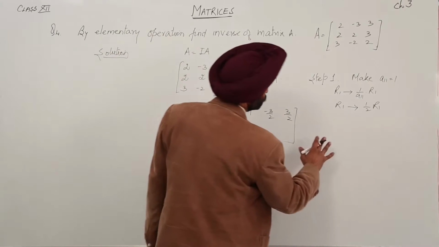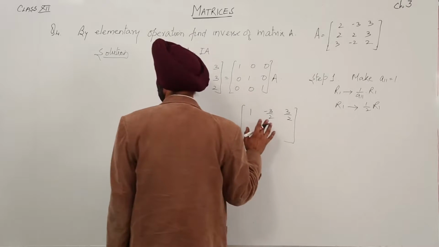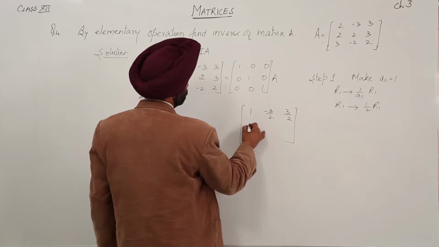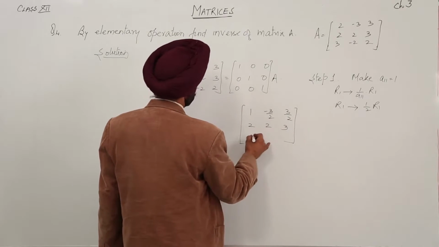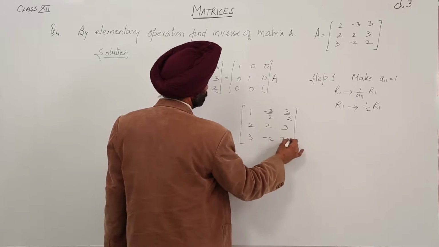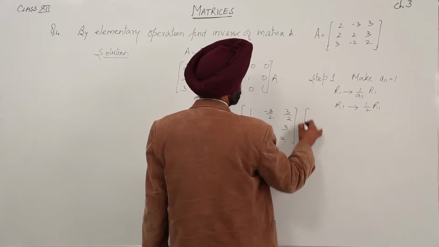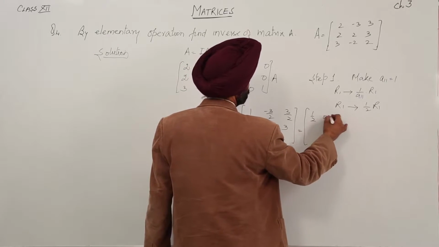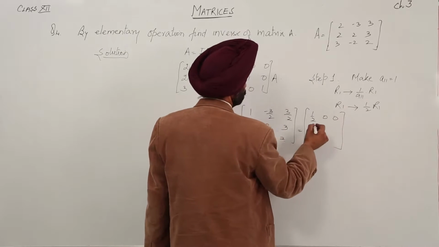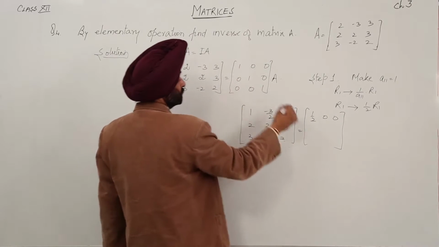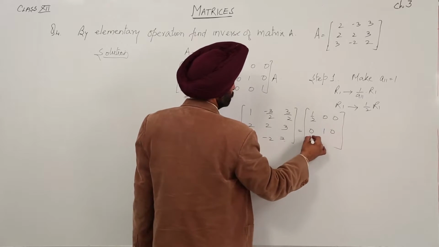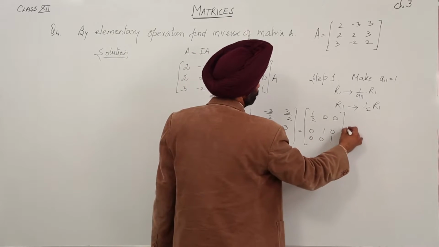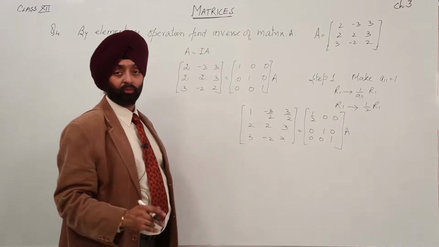Okay, so we are having now 2 2 3 and 3 minus 2 2. And this side we are having 1 by 2 0 0, 0 1 0, 0 0 1. Now this is step number 1.